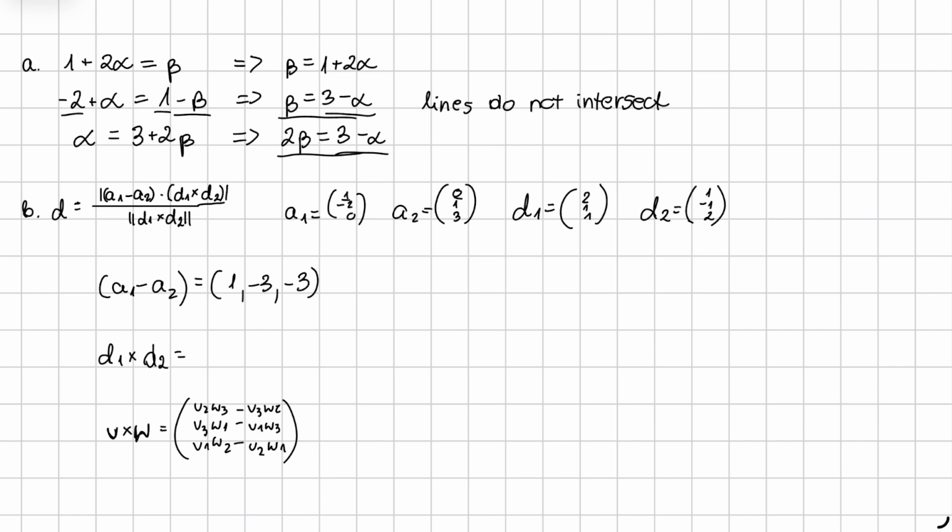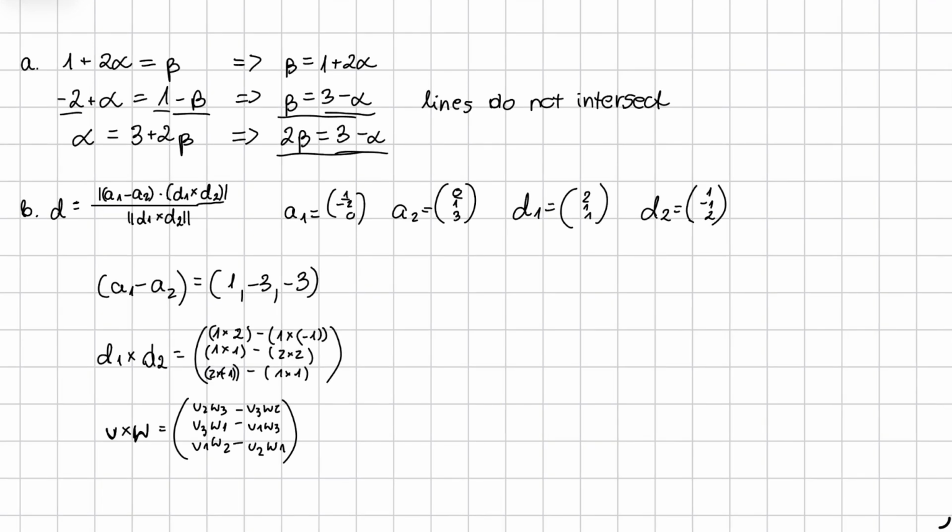First value: it's our second coordinate from D1, so 1 times 2, and then minus our third coordinate from D1, so 1 times minus 1.